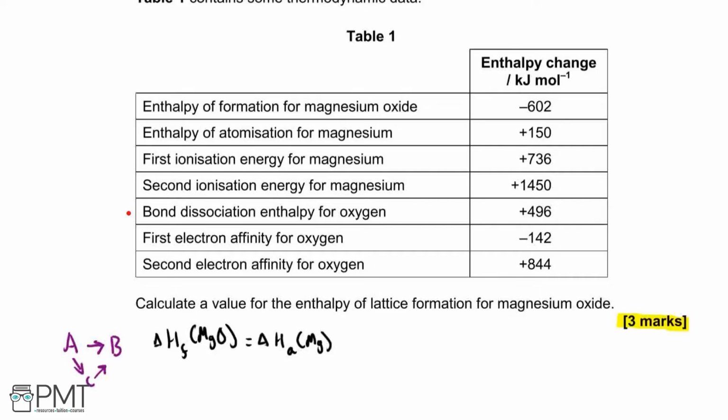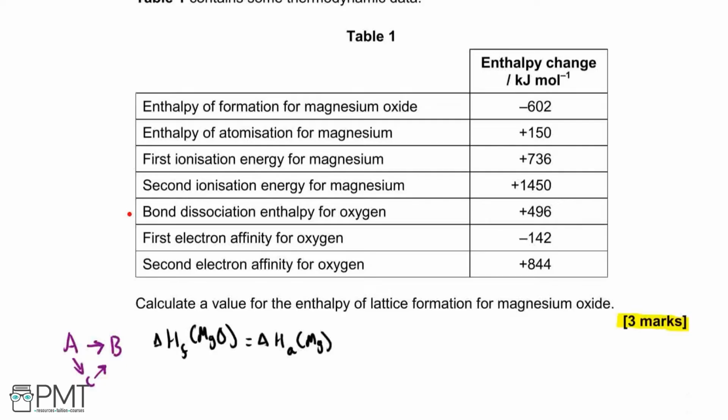What this means is it's the enthalpy required to break all the bonds in 1 mole of our molecules. So in this case, this bond dissociation enthalpy is the enthalpy for breaking every bond in 1 mole of oxygen molecules.